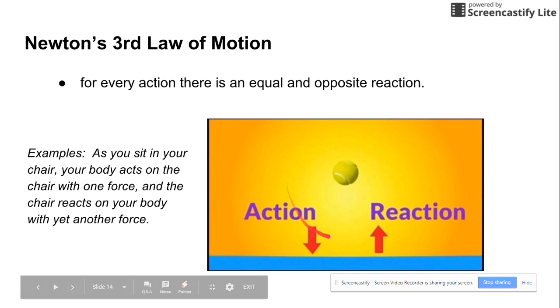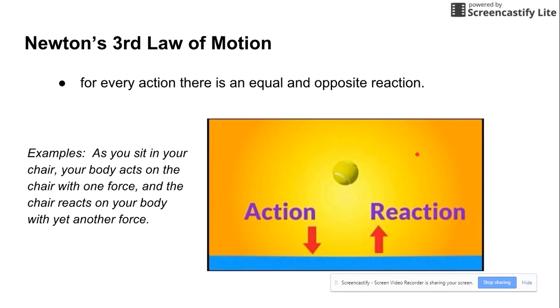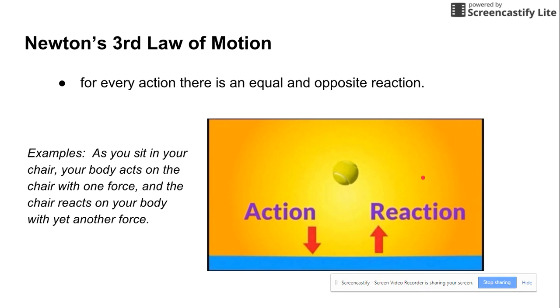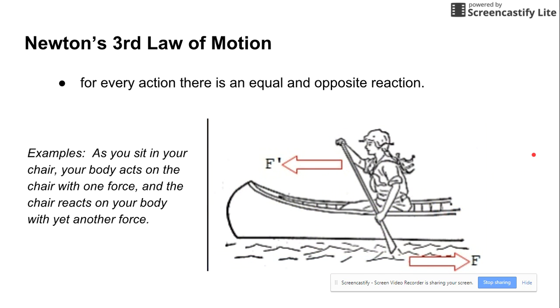We did this exact same thing with our very first lab the other day, last week, dropping the golf ball. You dropped the golf ball, that was your action. The reaction was it bouncing back up in the air. Okay, here we go with another one. We have somebody canoeing on a river, it looks like.